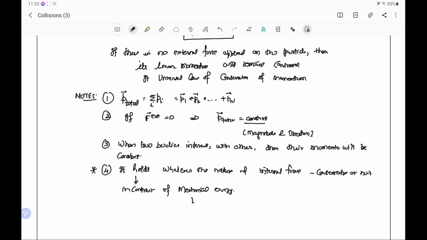Mechanical energy is conserved for only internal forces which are conservative. For non-conservative forces, mechanical energy is not conserved, although total energy of the system will remain still conserved.